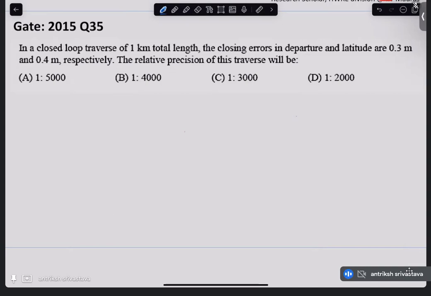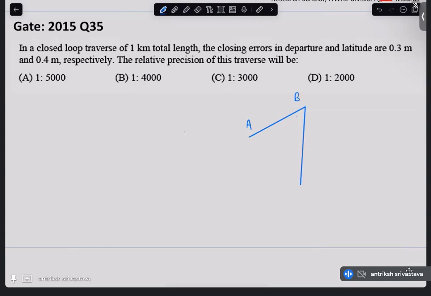The question is saying that, let's say you did surveying of a closed loop in a polygon. Well, for our simplicity, I am saying polygon. So you started at some point A, then you went to point B. For simplicity, we are going to take only 3 points for now.